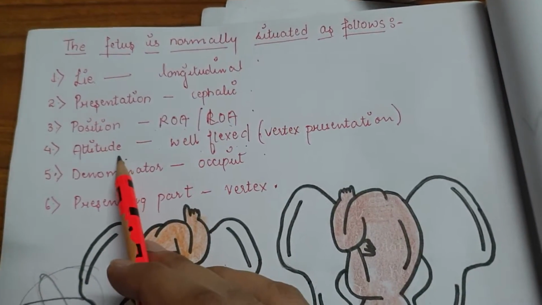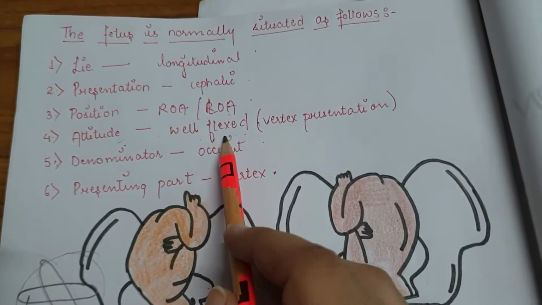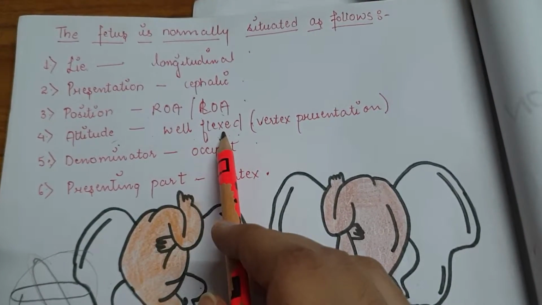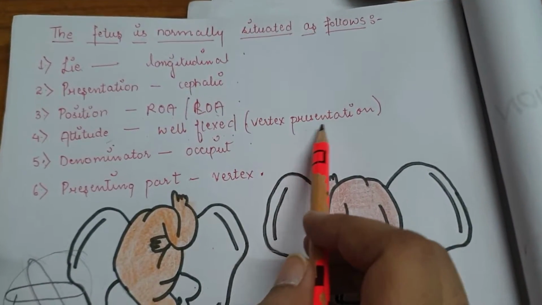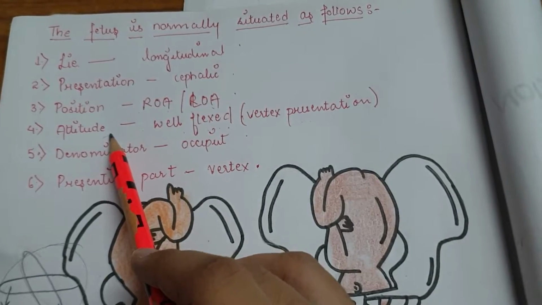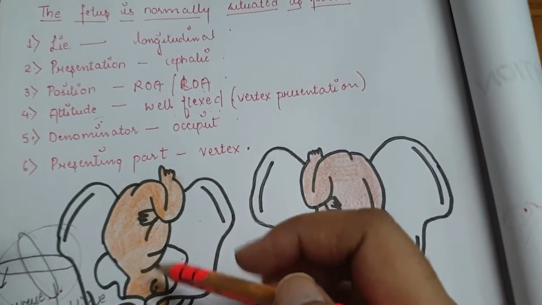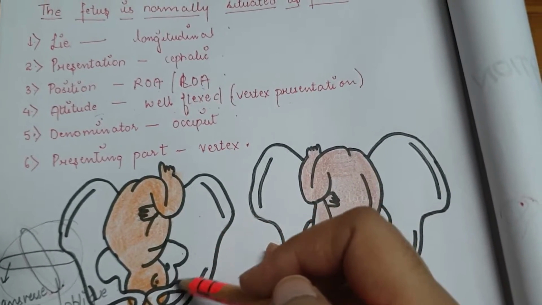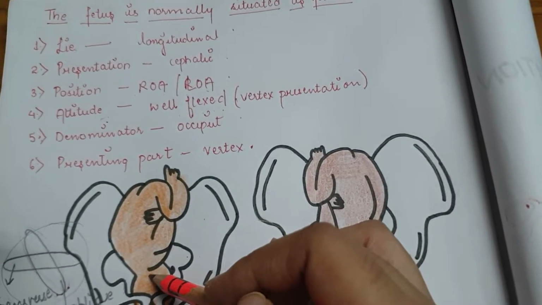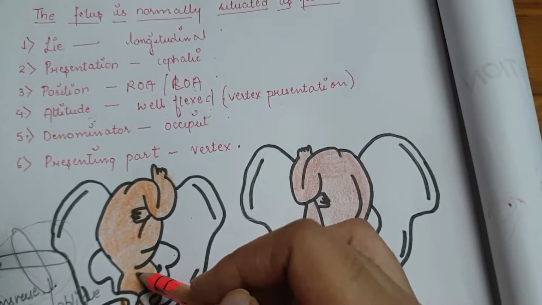So next is attitude. Attitude is well flexed. The attitude will be well flexed during the vertex presentation only. So what is attitude? When the fetus lies like this so that it occupies less space inside the uterine cavity, then the attitude is well flexed.